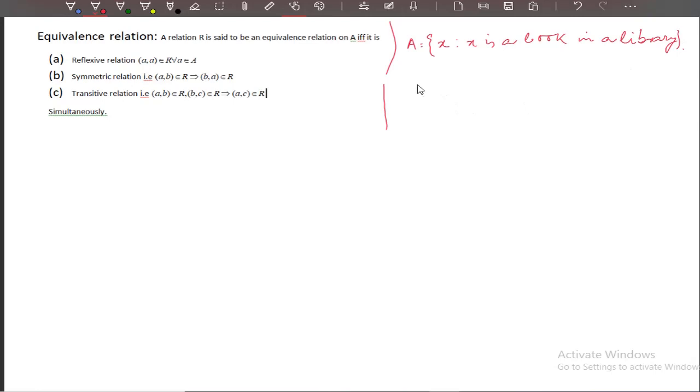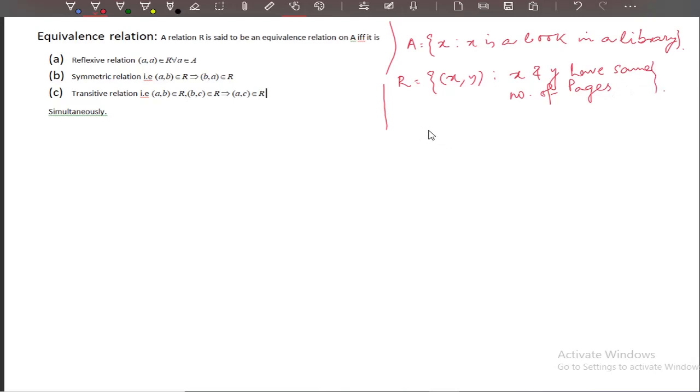We are defining a relation R, (x, y), such that x and y have the same number of pages.